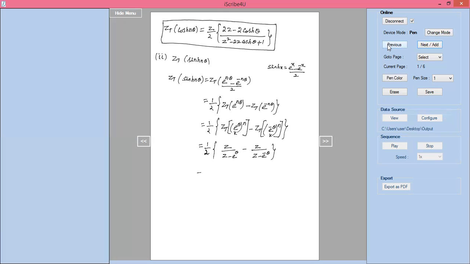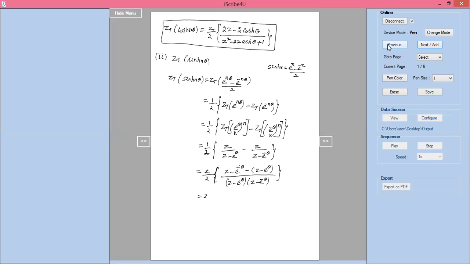Now if you take z outside, z by 2 into the denominator should be z minus e power theta into z minus e power minus theta. We'll take z outside. Whatever is inside should be z minus e power minus theta minus z minus e power theta. Now we'll simplify this.